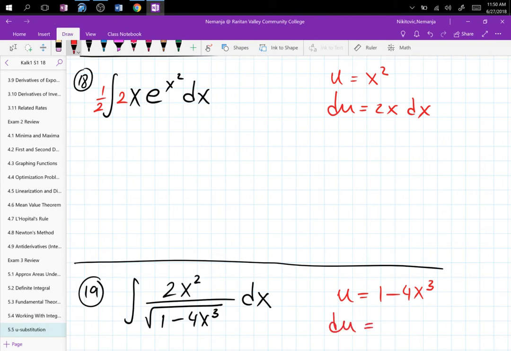Now that will make du negative 12x squared dx. So what do I need to multiply? Negative 6. Nice. So there has to be a negative 6 over here and negative 1 over 6 in front. Okay. So hopefully if you are stuck, this is enough to get you jump started. And keep pushing.